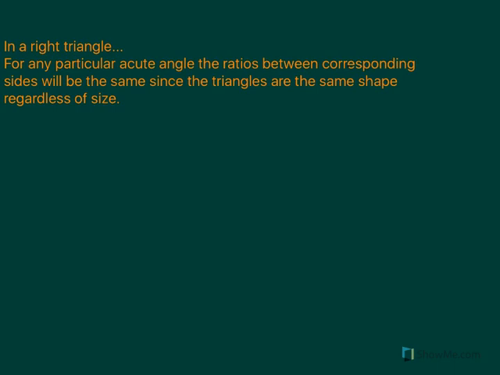To understand where the trig ratios are coming from and why they're so important, some of the keys here is that in a right triangle, for any particular acute angle, the ratios between the corresponding sides will be the same since the triangles are the same shape regardless of size.